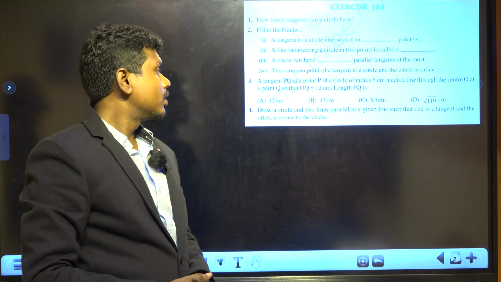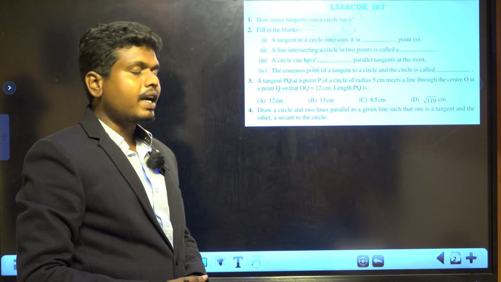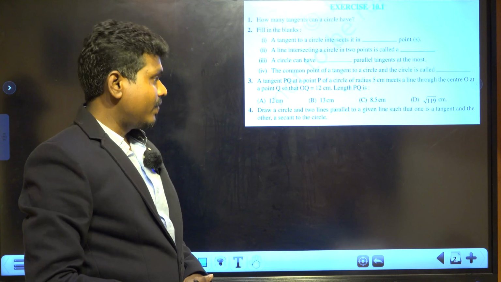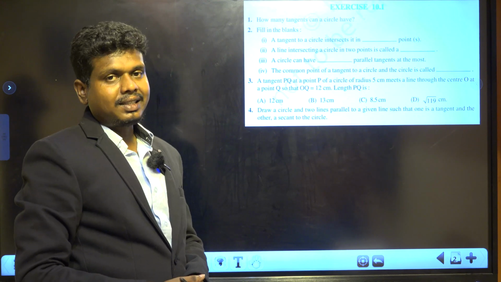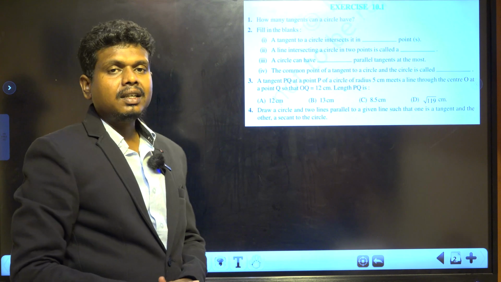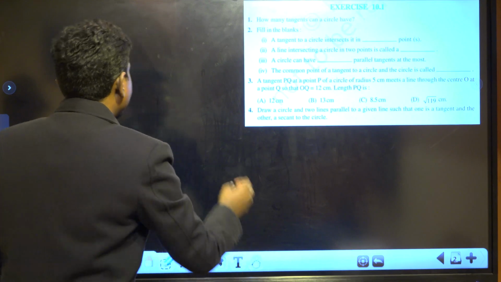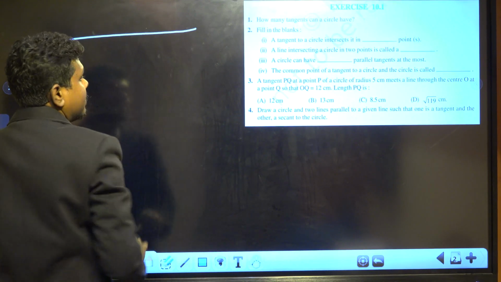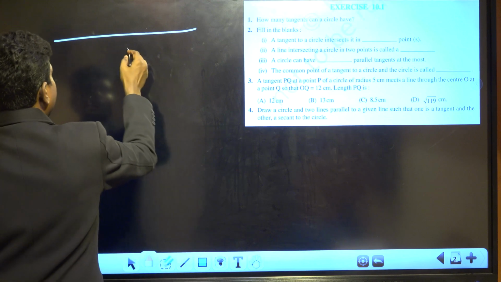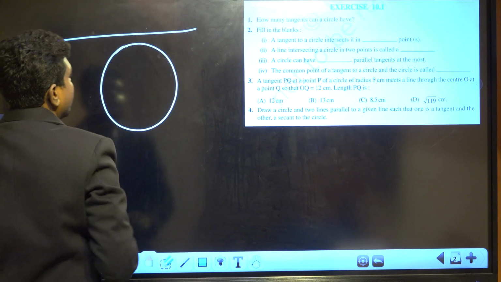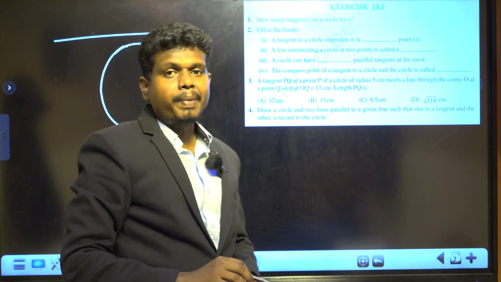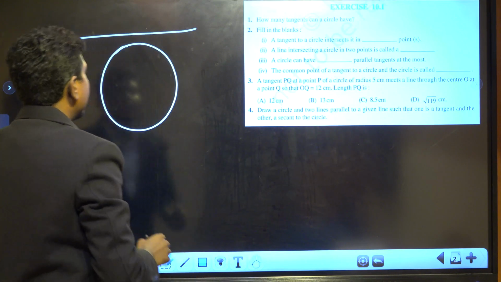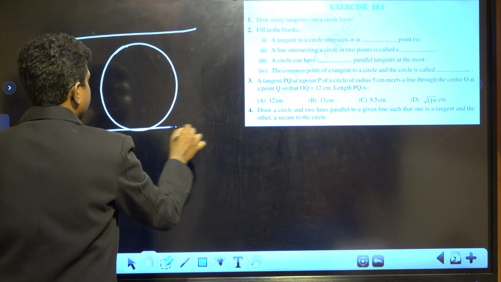Question number 4. Draw a circle and two lines parallel to a given line such that one is a tangent and the other a secant to the circle. If I consider this as the given line, I am going to draw a circle and two lines parallel to the given line such that one is a tangent.